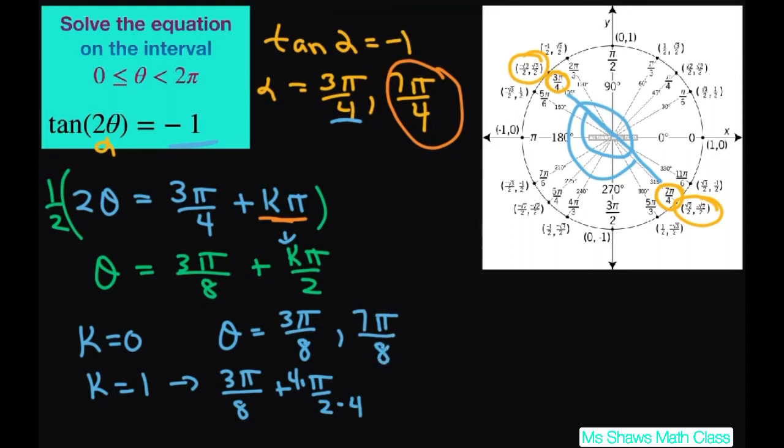All right, if k is 2, you're going to get 3 pi divided by 8 plus, and you keep adding, 4 pi divided by 8. So if you add 4 to this, you're going to get 11 pi divided by 8.